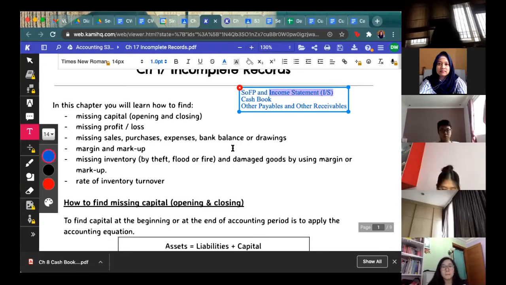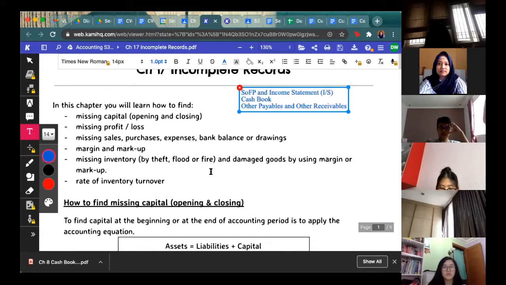Or you can try to find a missing inventory because of a natural disaster. We never know, but the point is you must be able to remember all of these: SOFP, income statement, cash book, other payables, and other receivables, so that you know how it looks first, and then you know what is missing, and then you can try to find it from there.